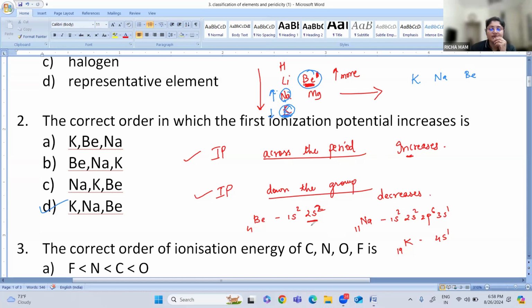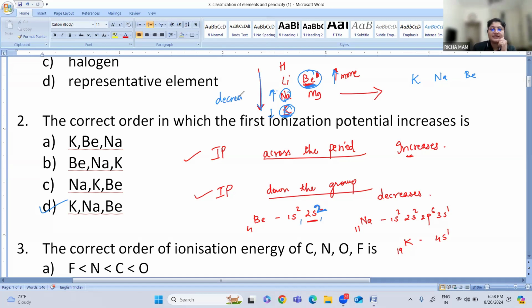Now, when you see the removal of electrons, this is completely filled, it is in duplet state. So the energy required to remove these electrons will be very difficult. So the ionization potential will be more in case of beryllium, because across the period it will be highest. Now when comparing sodium and potassium, as you go down the group, it will decrease.